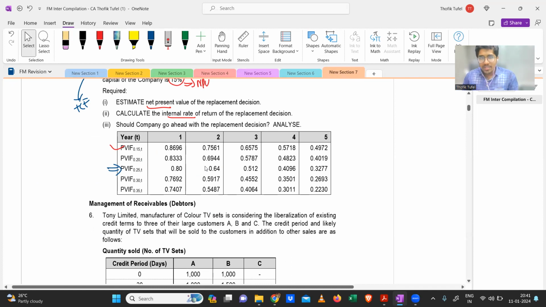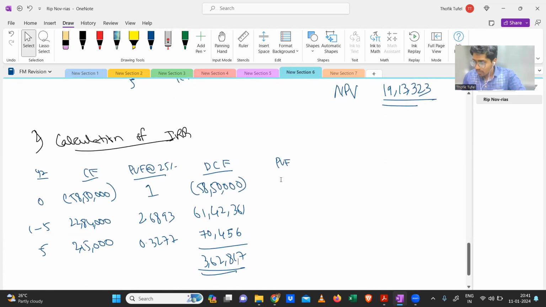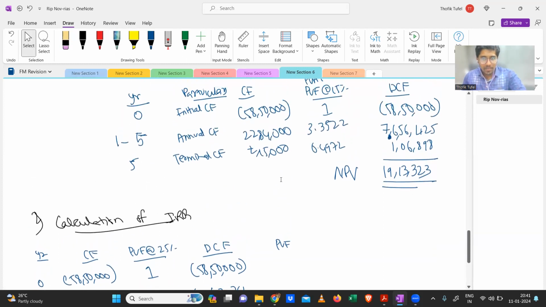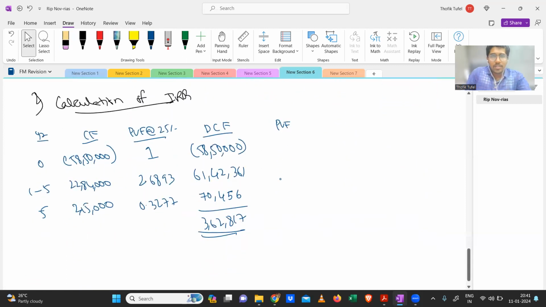I'm getting 2.6893. 2.6893 into 22 lakh 84,000. I'm getting 61 lakh 42,360. Okay, that is a small difference, it is okay. Now let us go for 30%. So present value factor at the rate 30%.